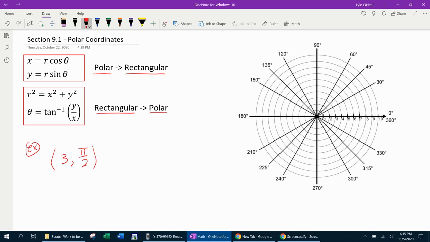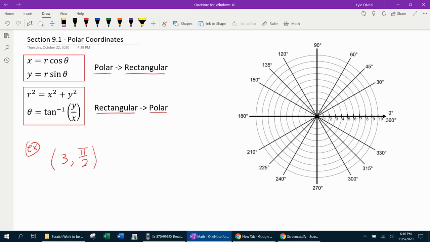this ordered pair. And just to let you know, if they don't tell you that this is a polar point, you're not going to know unless it has the degree symbol, and then you know for sure that that's a theta, that's an angle, and you'll know that that's a polar coordinate. But if there's no degree symbol, then this could be an x, y or it could be an r and a theta.